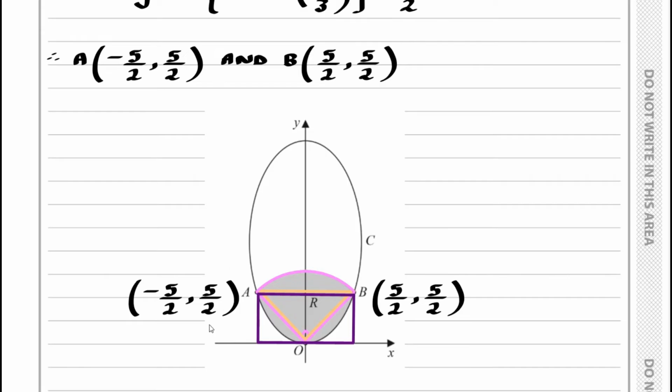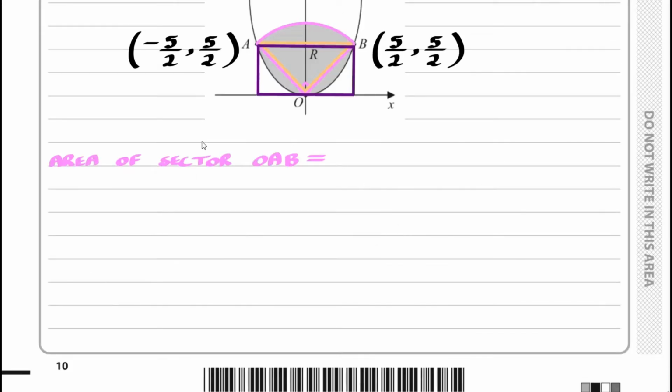So, if we add this to a diagram, we've got the coordinates of A negative 5 over 2, 5 over 2, and B with coordinates 5 over 2, 5 over 2. And we've got these other regions which we can work out the area to help determine the area of R. First of all, we can work out the area of the sector OAB.